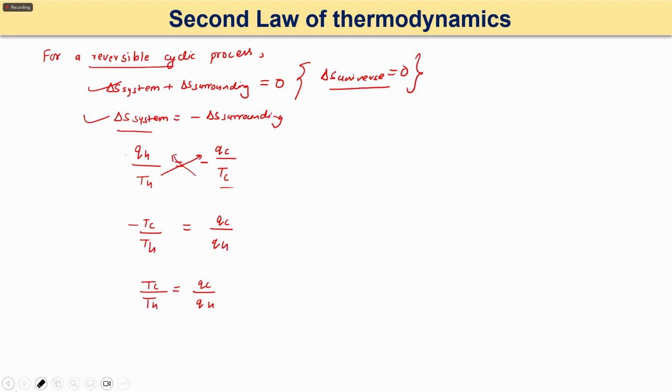We can write Tc by Th is equal to Qc by Qh.